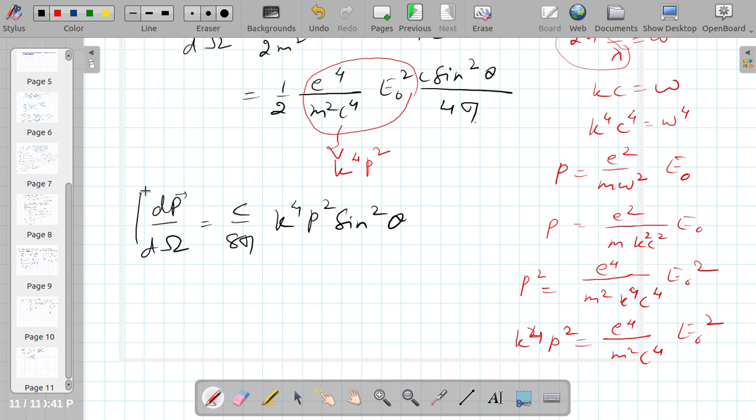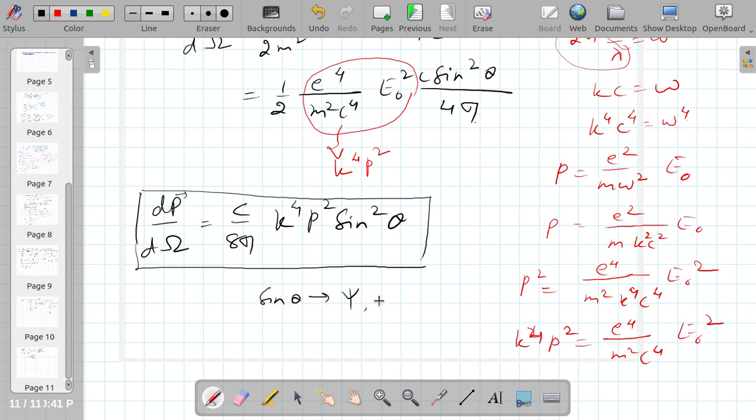So this is this one, right? Now I have to express this sine theta in terms of phi and psi. If I remember the diagram, let me recall.